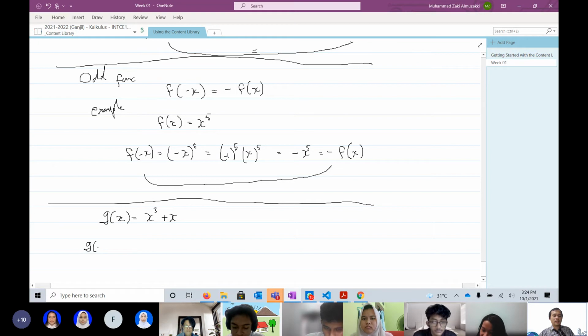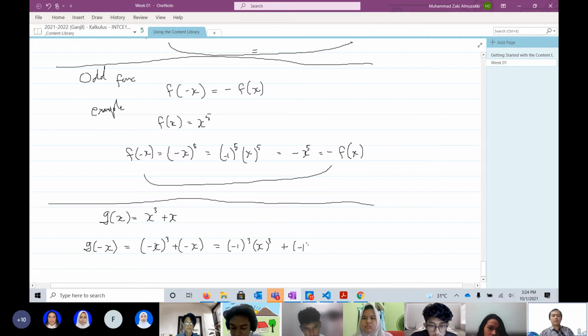We just need to check whether g of minus x is equal to something that we have. g of minus x is equal to minus x cubed plus minus 1 times x, which is equal to minus x cubed minus x.